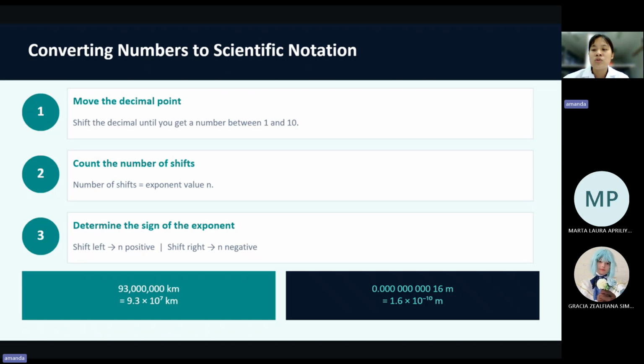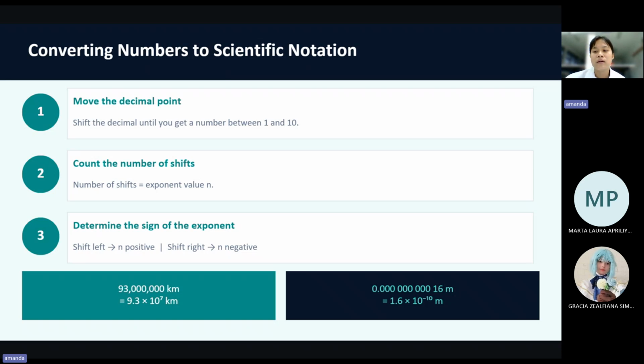Now let me show you how to convert ordinary numbers into this form. Here is the step-by-step method to convert any ordinary number into scientific notation. Step 1. Move the decimal point left or right until you get a number that is between 1 and 10.